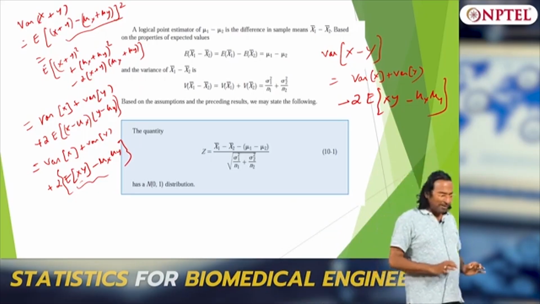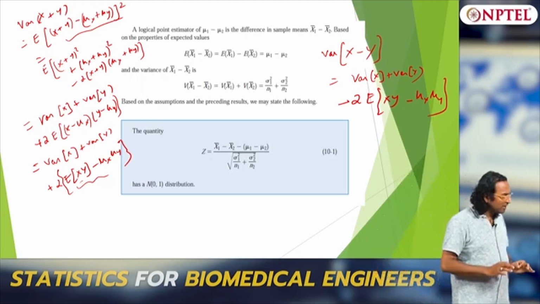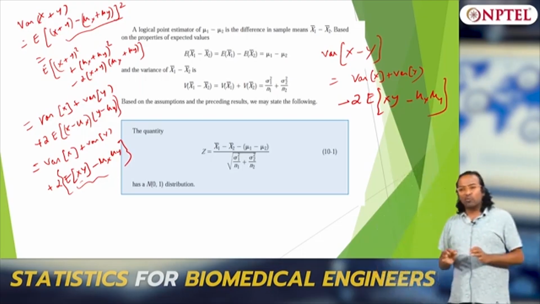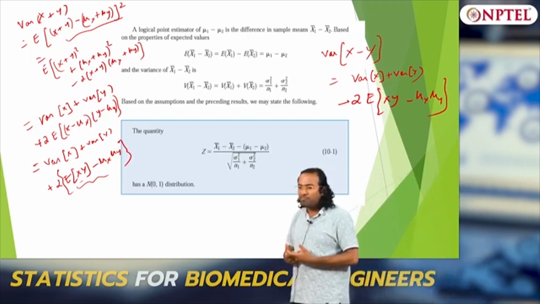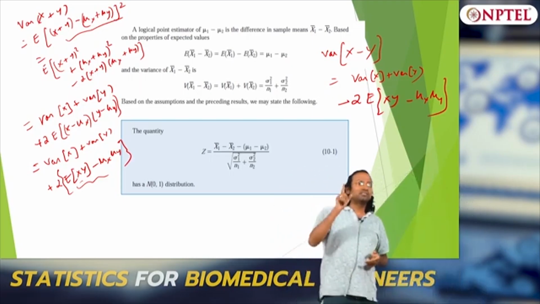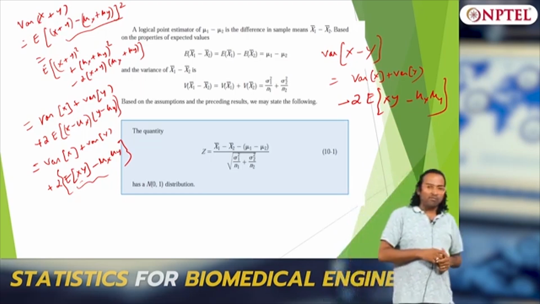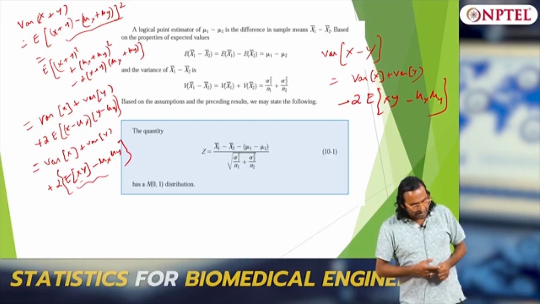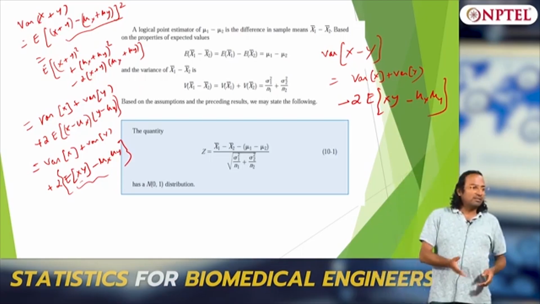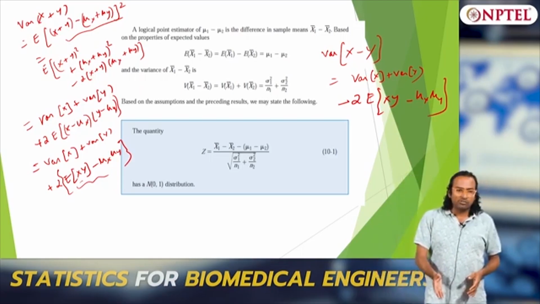Now the same idea, what is the test statistic? We can use the standard normal test statistic. Why? Because our assumption is that the underlying population itself is normal, and therefore what is the test we could do?